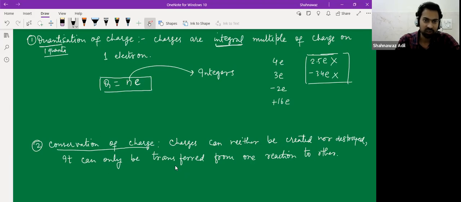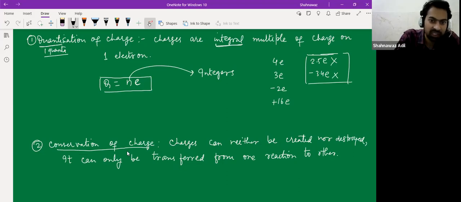Let's say you have sodium chloride, and that breaks. Sodium will acquire a positive charge and chlorine will acquire a negative charge, but the total charge will remain the same. So in a particle reaction, the total charge will always be conserved. This is about the conservation of charge.